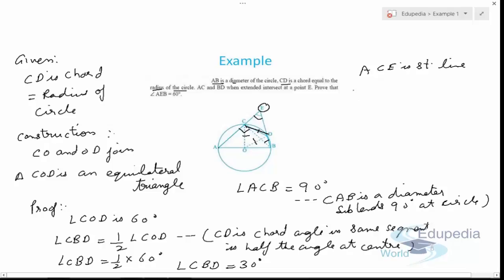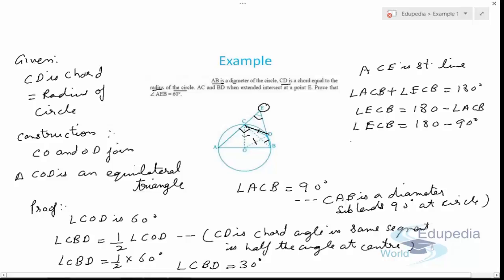So we can say that angle ACB plus angle ECB is 180 degrees, because angles on a straight line are 180 degrees. So angle ECB will be equal to 180 minus angle ACB, which is 180 minus 90. So angle ECB will be 90 degrees. So let's say this angle is 90 degrees now.